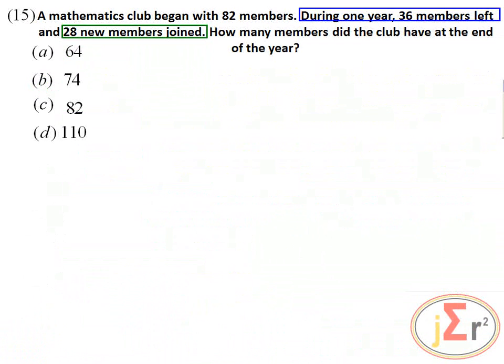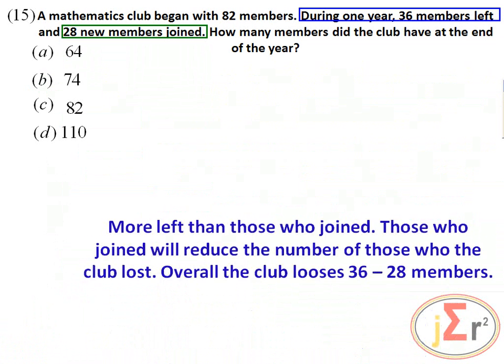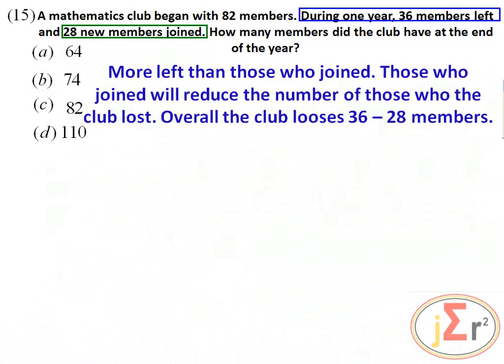Is there any other way? Alright, let us take a look at this, Jerry, and see if you can figure it out. More mathematics. More left than those who joined. Those who joined will reduce the number of those who the club lost.